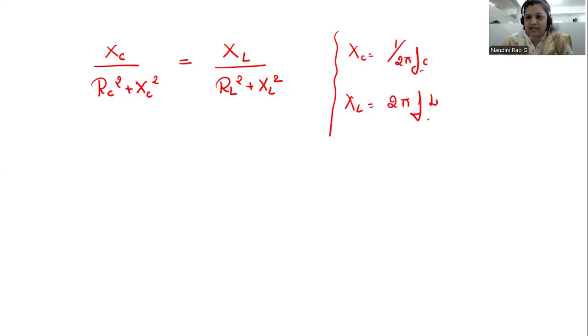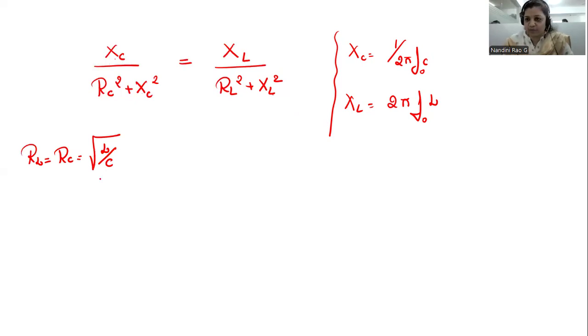At resonance, we usually take it as F naught, and then you will get the value of F naught. But as I mentioned earlier, we are interested in considering RL equal to RC equal to root L by C, where the circuit resonates throughout all the frequencies.